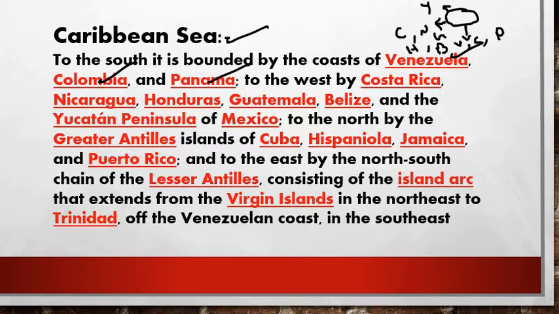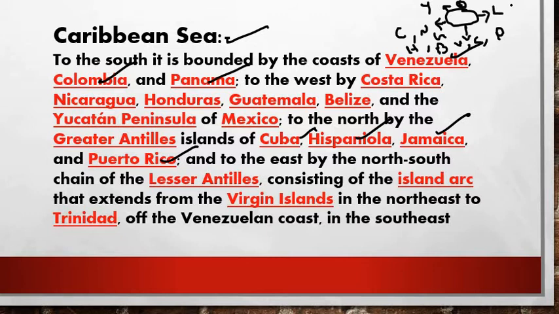And the Greater Antilles, here you will find the Greater Antilles. We will see all this in our map pointing session, don't worry, I'll show you each and every location. The Greater Antilles include the islands of Cuba, Hispaniola, Jamaica and Puerto Rico, and to the east is the Lesser Antilles.